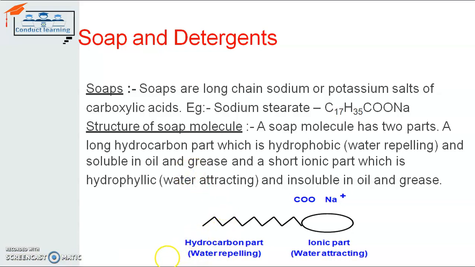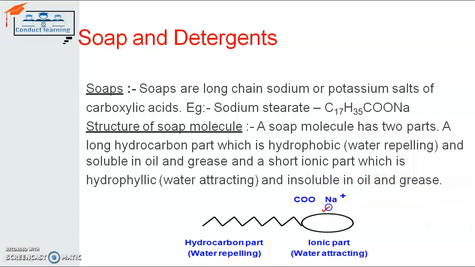The bonding in the hydrocarbon or hydrophobic part is covalent. The other one is the hydrophilic part, which is water attracting and insoluble in oil and grease, and the bonding in it is ionic.